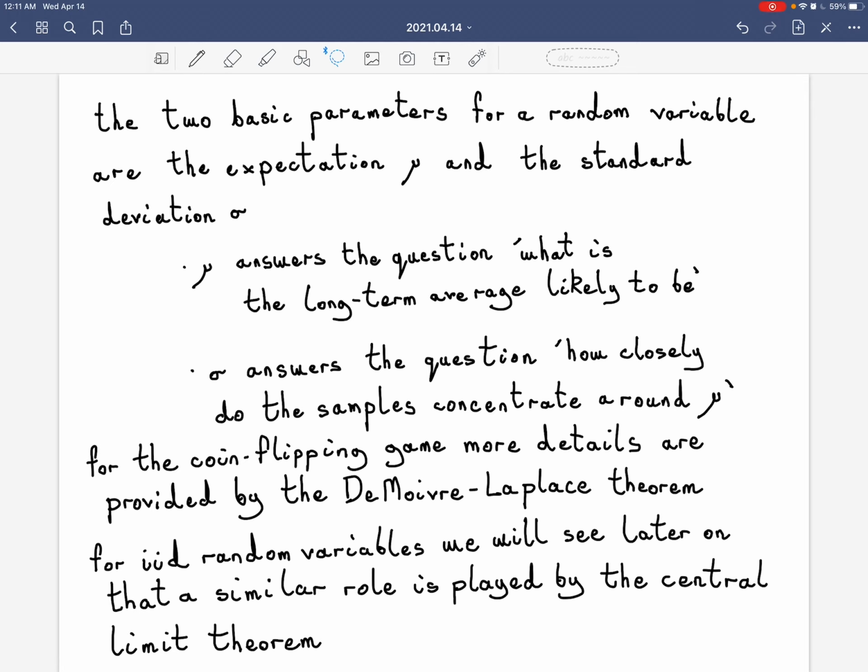So mu can be an arbitrary real number, and it tells us what to expect for the long-term average of this random variable, which is some numerical quantity we're measuring over and over again.